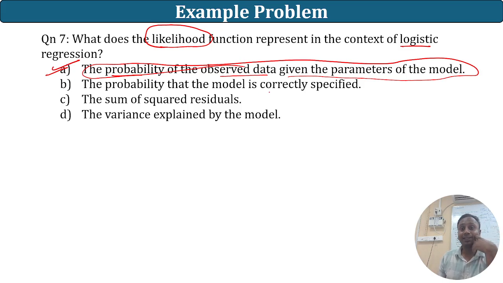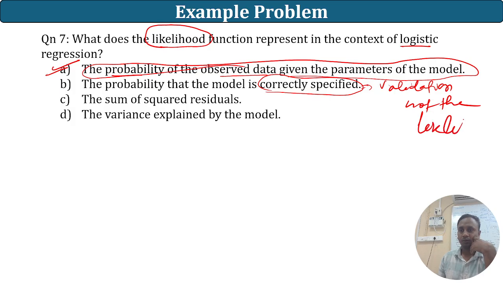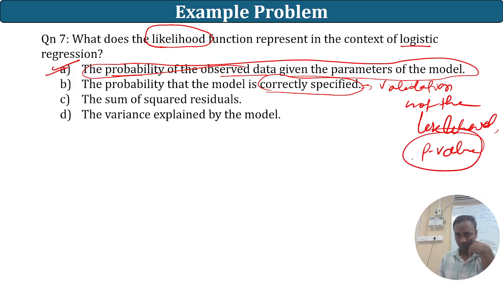Probability that the model is correctly specified: this is validation, not likelihood. Something we call the p-value or power of the test. So this can't be the answer.